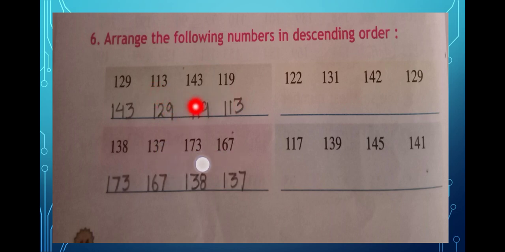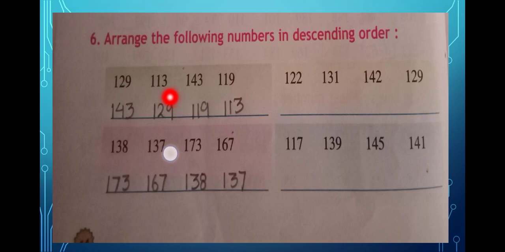So these two numbers are having 1 and 1, isn't it? Then if it is same in the hundreds place and also in the tens place, then we will see the ones place to find out which one is bigger.